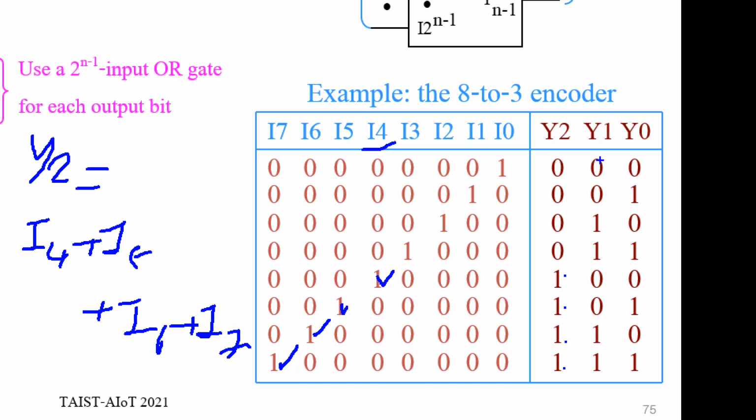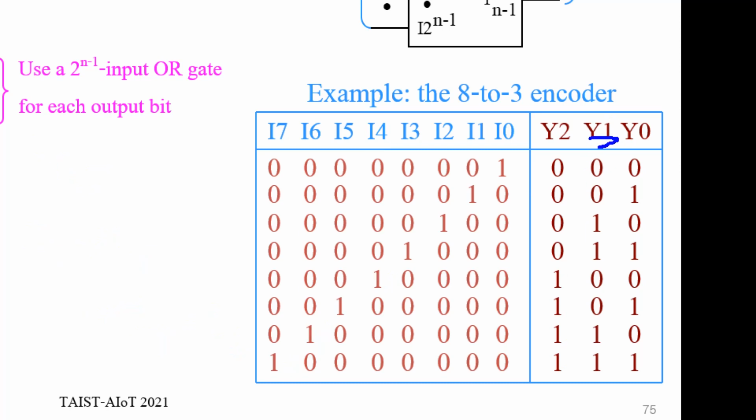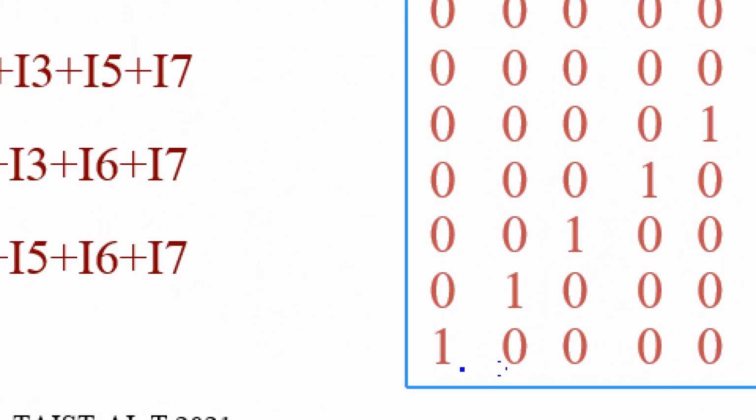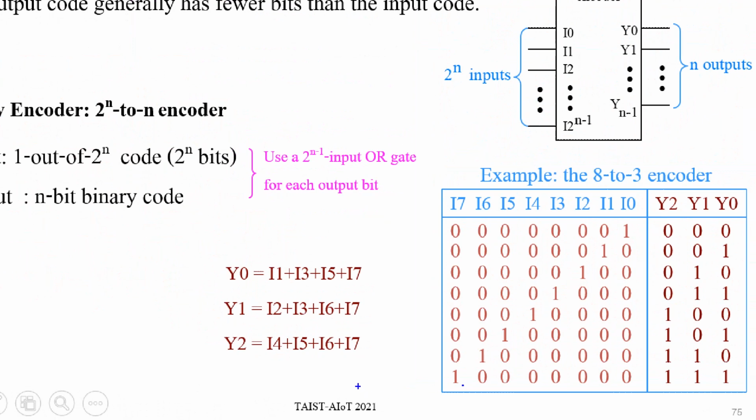For Y1 and Y0, it's also the same. For Y1, it will be 1 when I2 or I3 or I6 or I7 is active. So you can write the equation like this: Y1 is I2, I3, I6, I7.